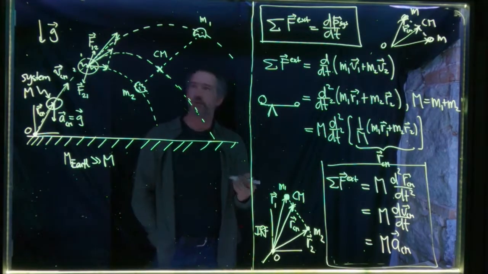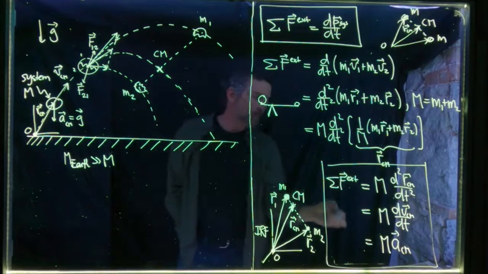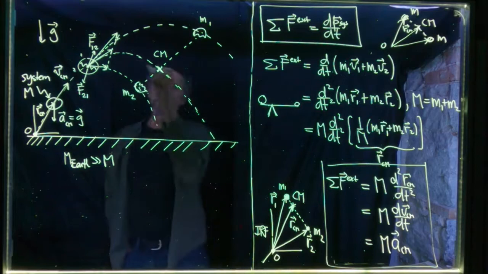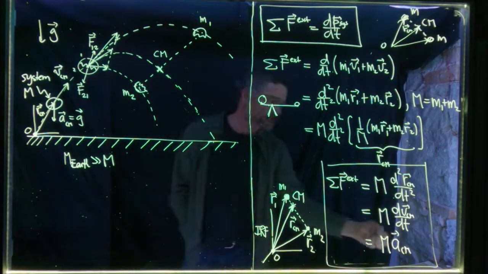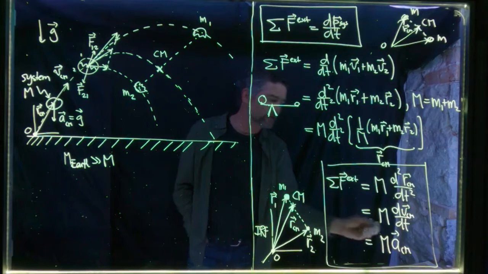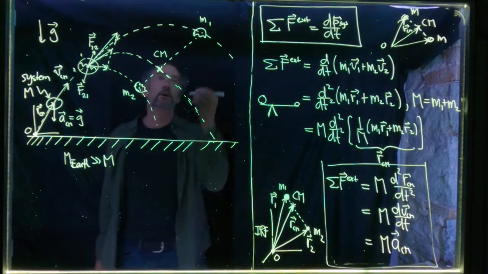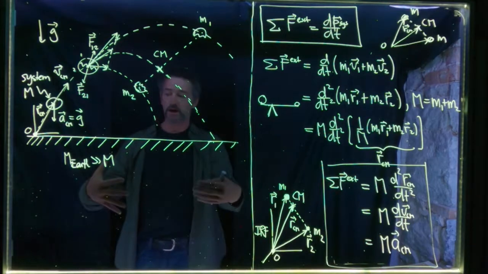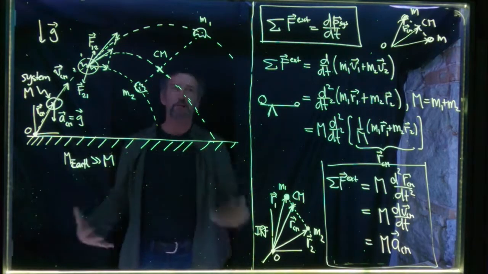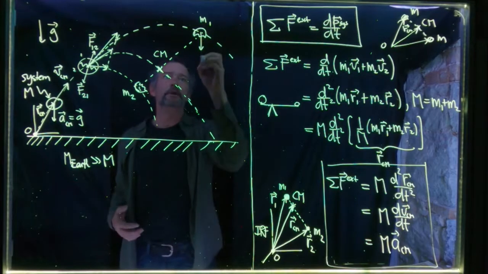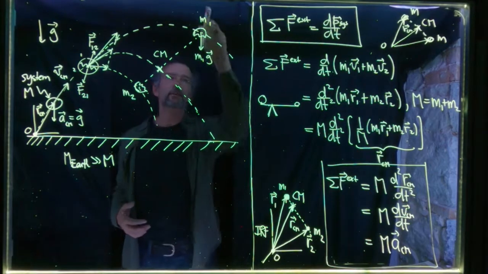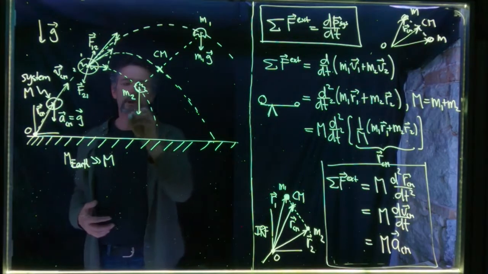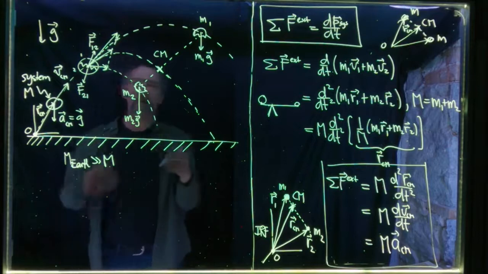Because what's causing the acceleration of the center of mass point, which determines the trajectory of that center of mass point, is just the net force divided by the total mass. Well, there's an external force, namely the force of gravity that this big third particle is exerting on m1. So there's an m1g force that's external on part of our system, and there's an external force m2g.